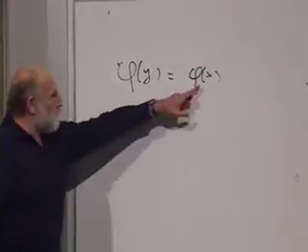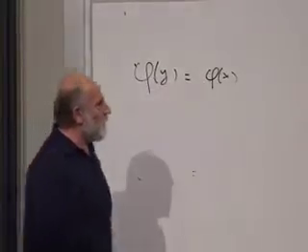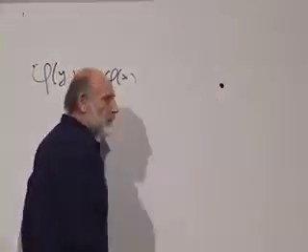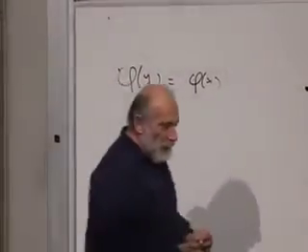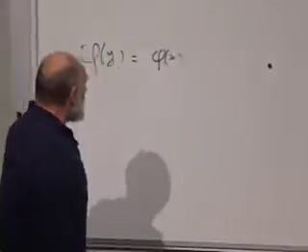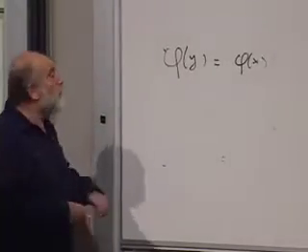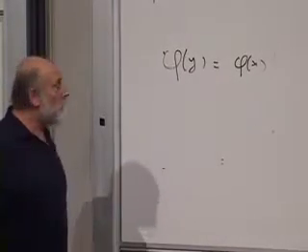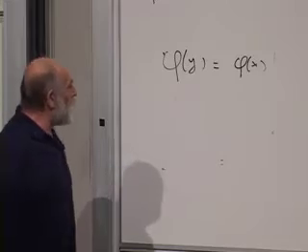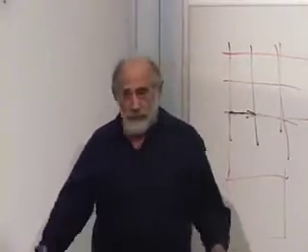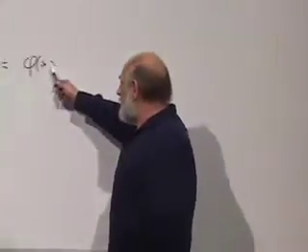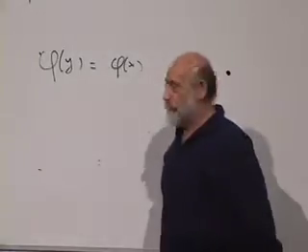If the points x and y correspond to the same actual material point here on the blackboard, just different coordinate representations of the same point. So phi transforms in a trivial way, doesn't transform at all. Obviously, if you know that phi is equal to 0 in one reference frame, you know that it's 0 in all reference frames, simply because it's the same in all reference frames.